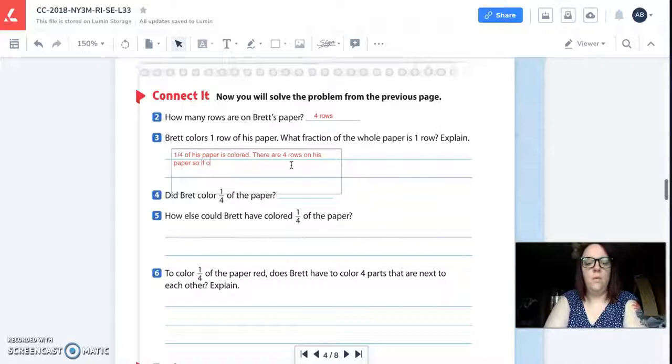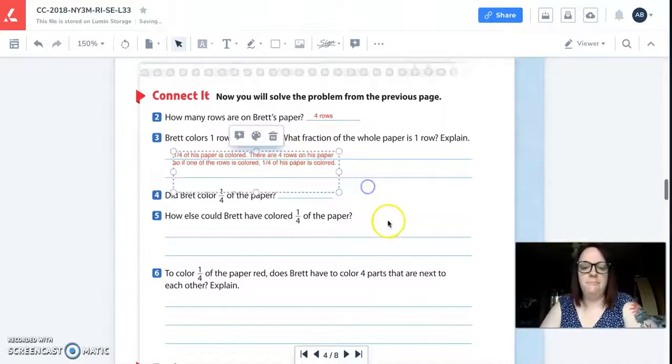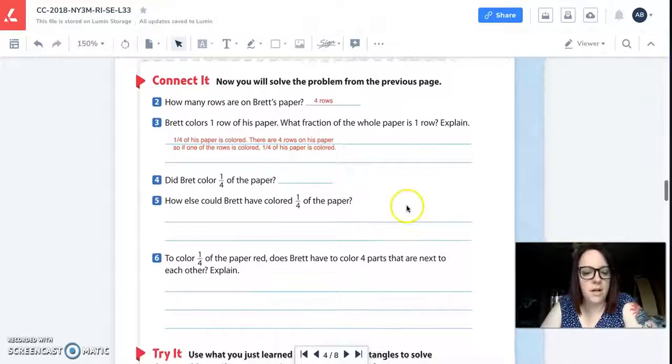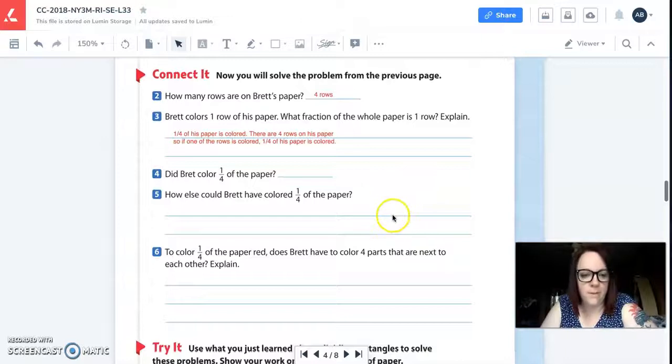So if 1 of the rows is colored, 1/4 of his paper is colored. Boom, just like that. All right, did Brett color 1/4 of the paper? Yes, he did.